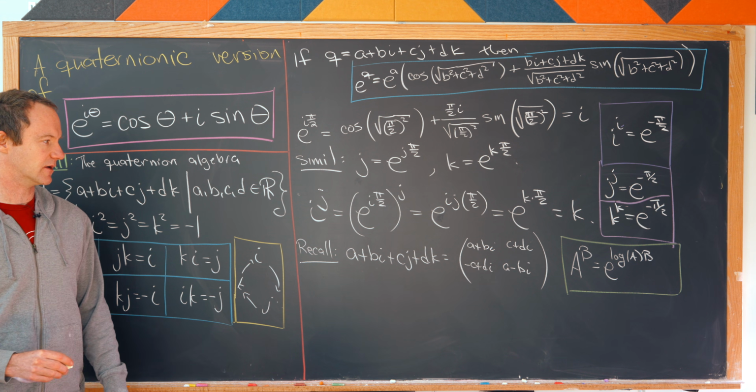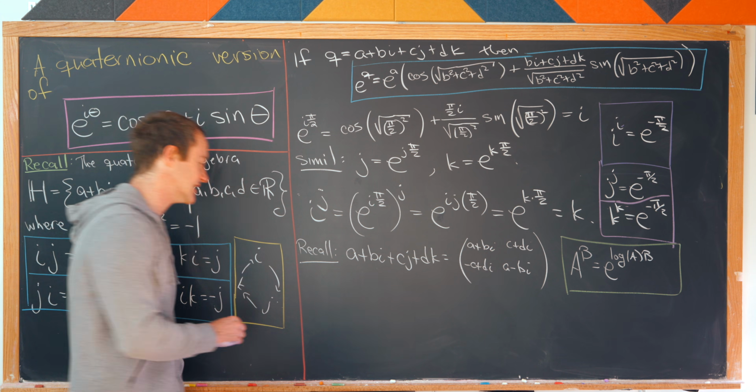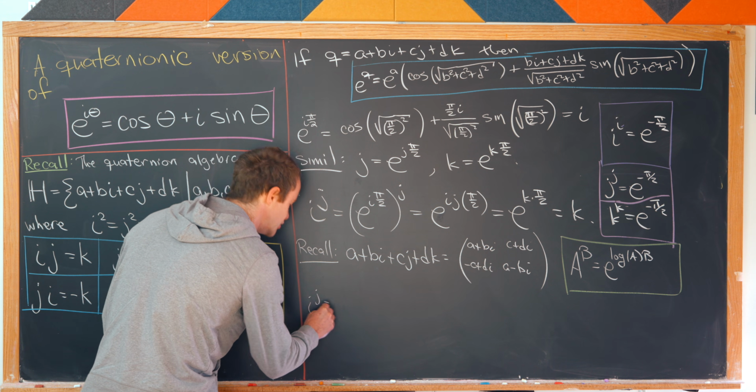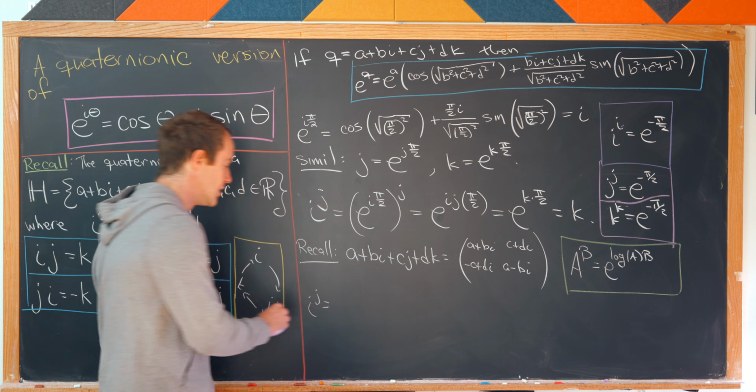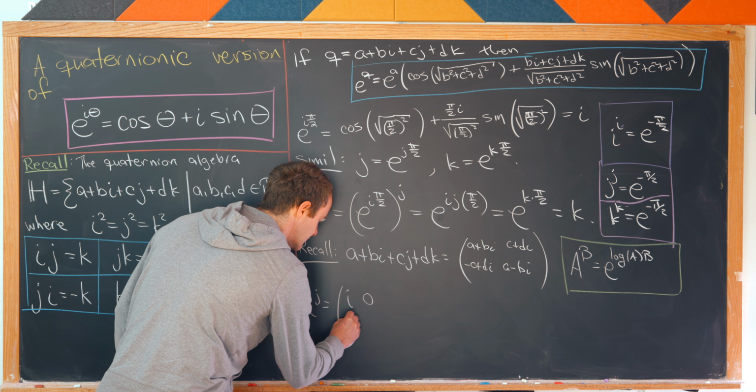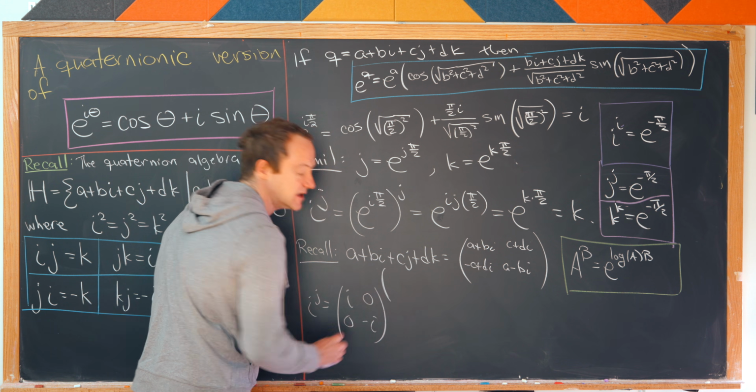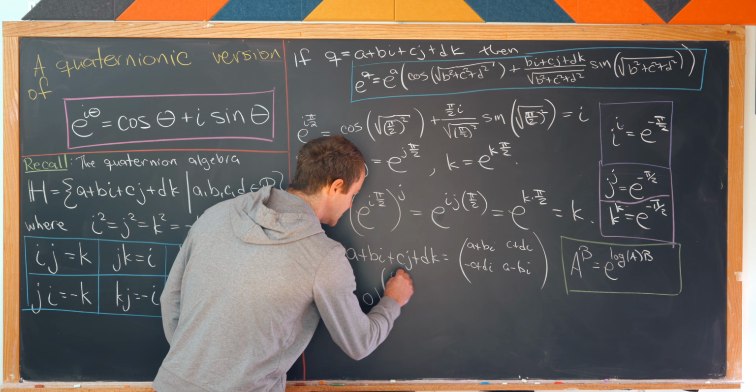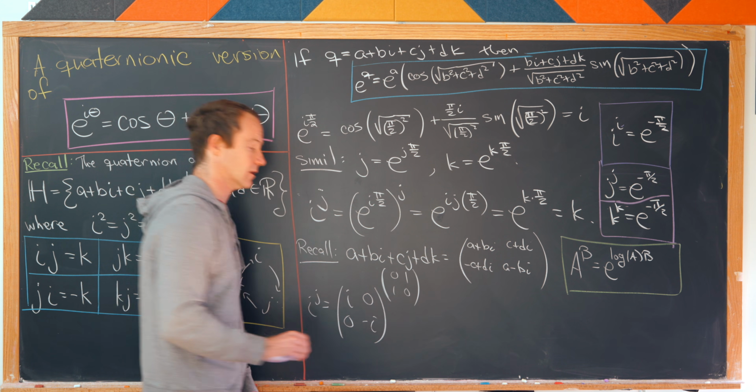And then what you can check using this is that if you take i to the j in this setup, we'll have the matrix i, 0, 0, minus i to the power 0, 1, negative 1, 0.